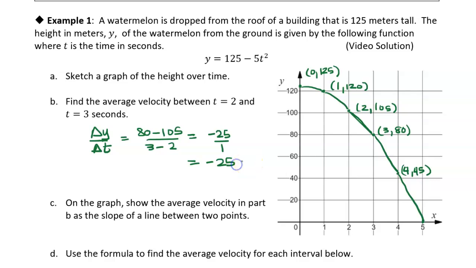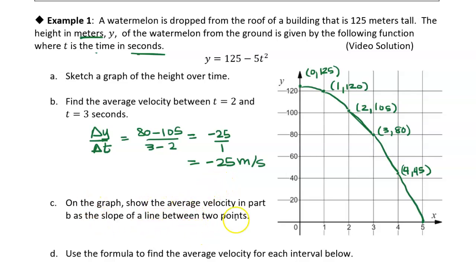And the units are meters per second, because my distance from the ground is in meters and my time is in seconds. So that means my average velocity is in meters per second. Now it's negative because the distance from the ground is decreasing. It's getting closer to the ground. It's being dropped. So that's why it's negative.